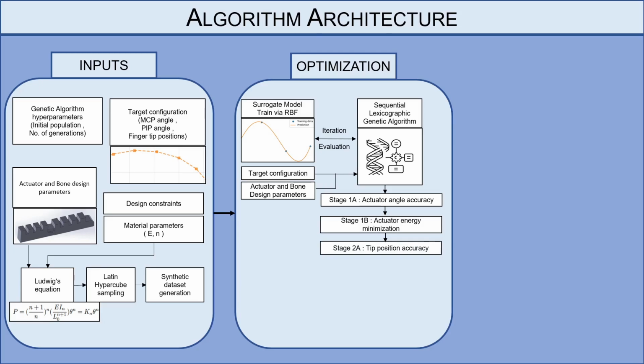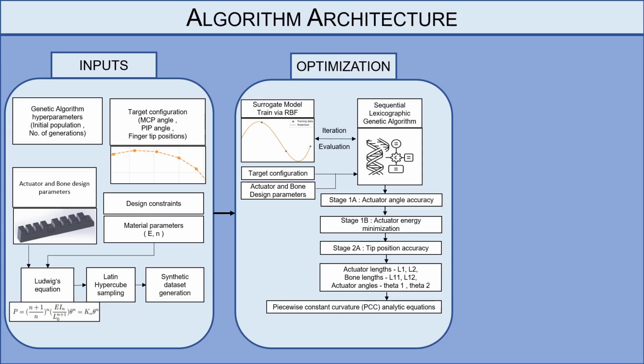Now we want to find the bone design parameter, and for that we are using the metric of end tip position error. This tip position error is calculated using PCC analytic equations, and once we find multiple design sets giving us minimal tip position error, we apply the energy minimization function.